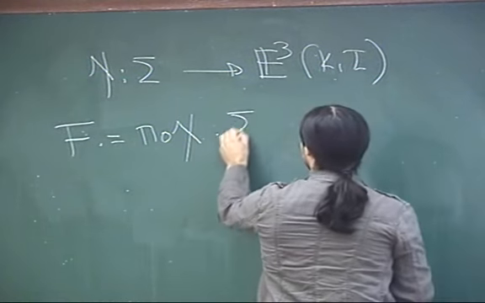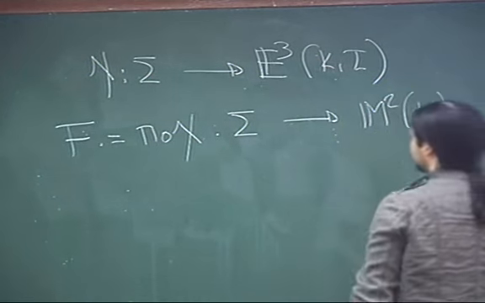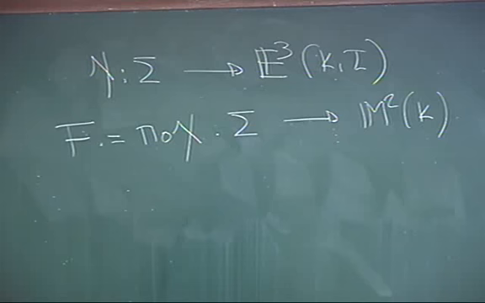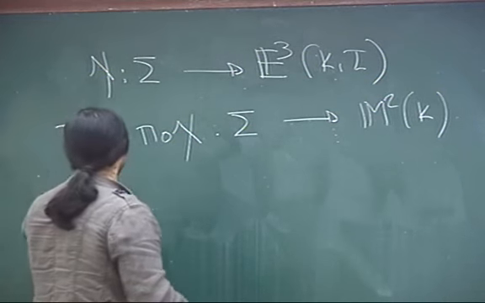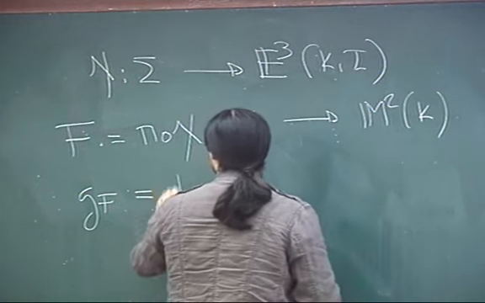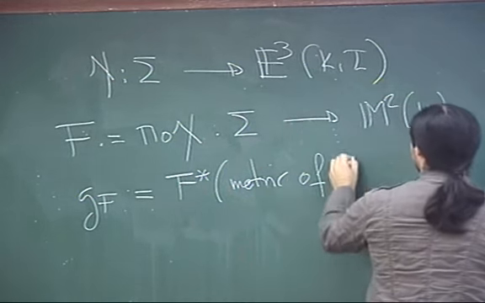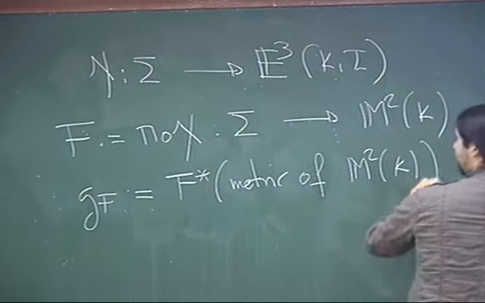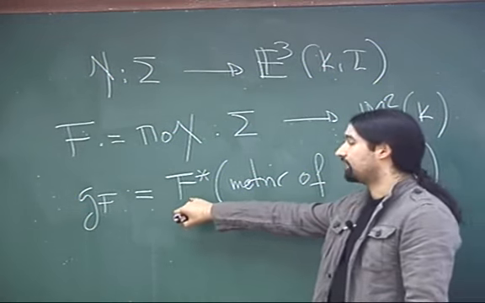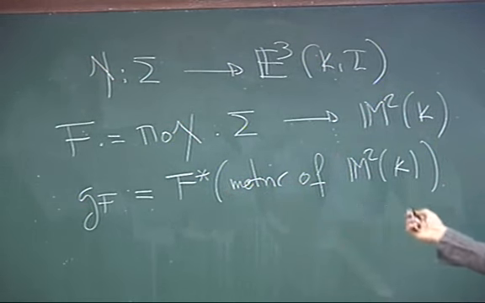So we have a map here from the surface into the space of constant curvature kappa. Assume I can put on sigma the metric g of F, which will be defined just as the pullback by F star of the metric of the space of constant curvature kappa. As this is a local diffeomorphism, I can do this, and in that case, F becomes a local isometry.